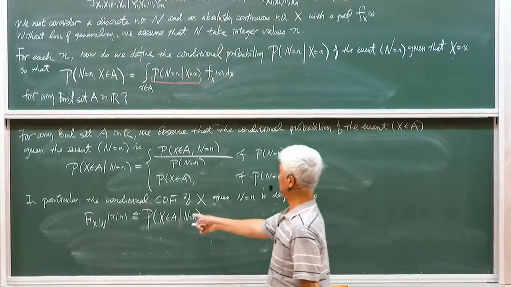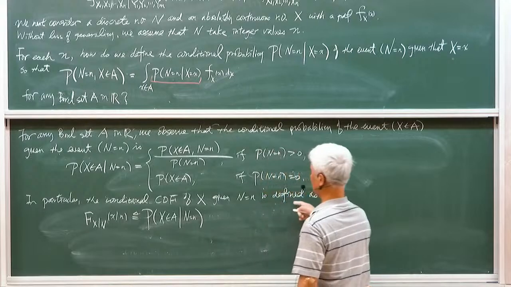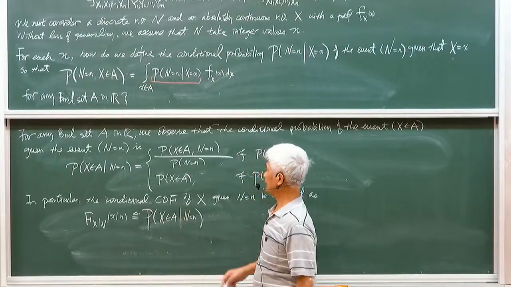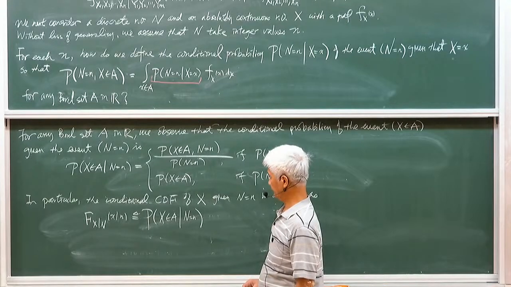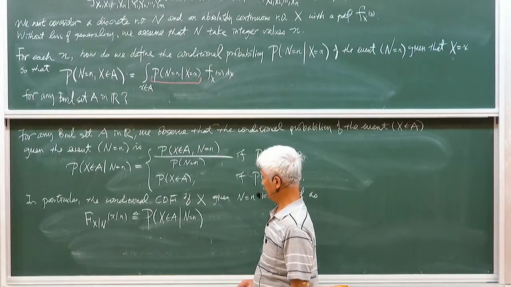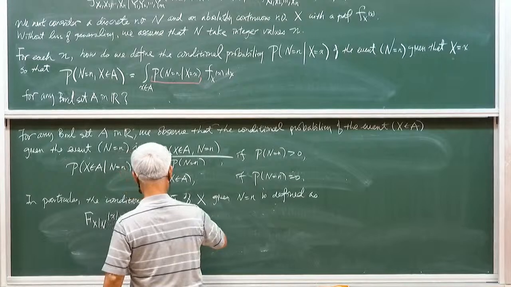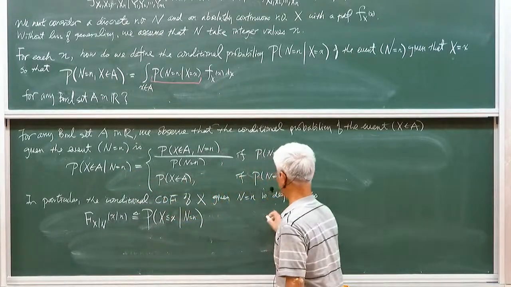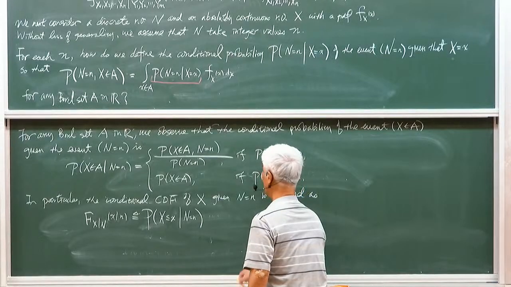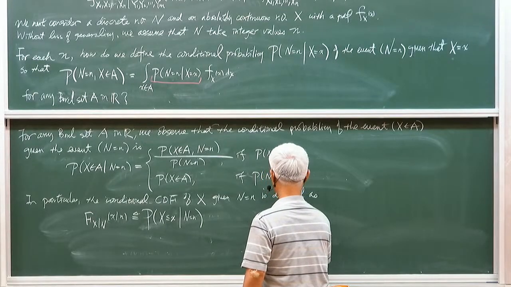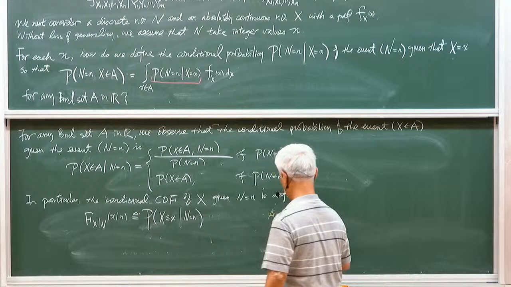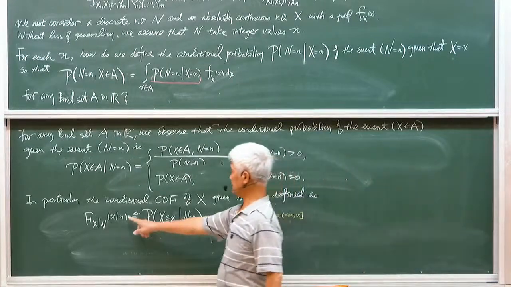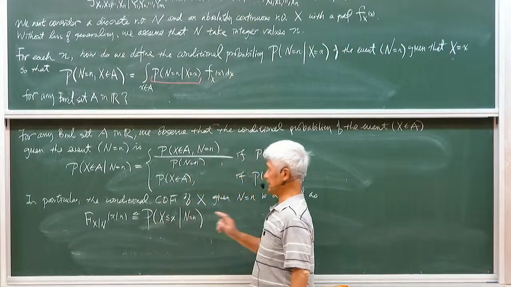Oh, but I'm sorry, I forgot that here A is equal to, so we take the Borel set to be this interval. So this is the conditional CDF of X here.